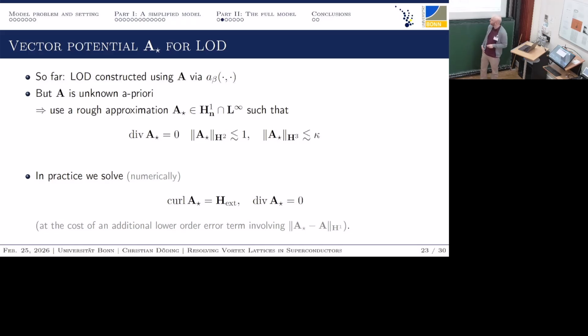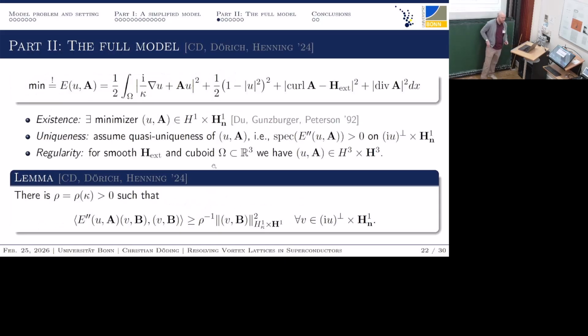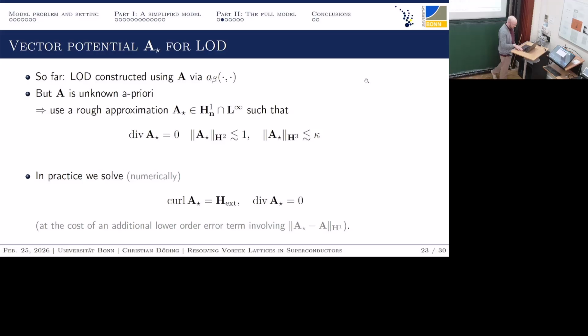So what we do in practice is we solve numerically in an offline phase this curl problem here, which minimizes, I go back to the energy, which is a minimizer of these two components here. So we could solve this quite easily with a certain numerical method.